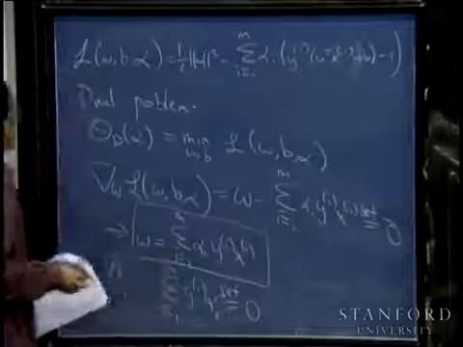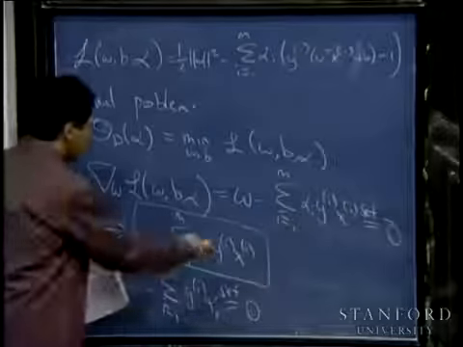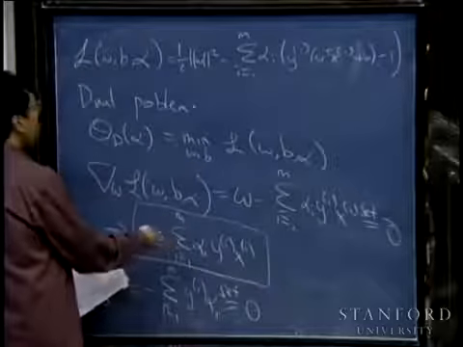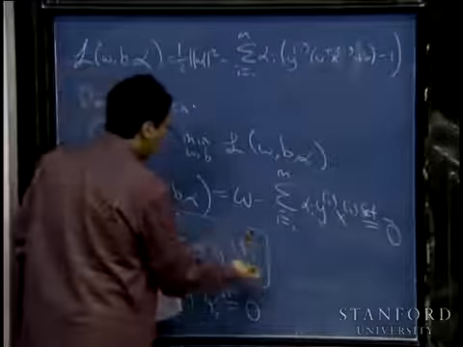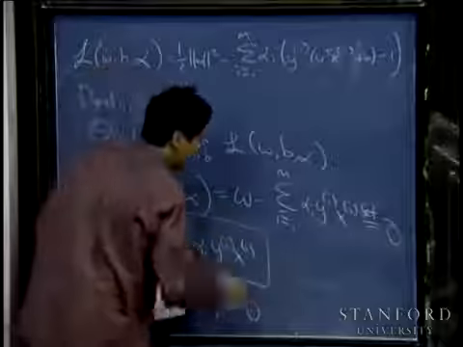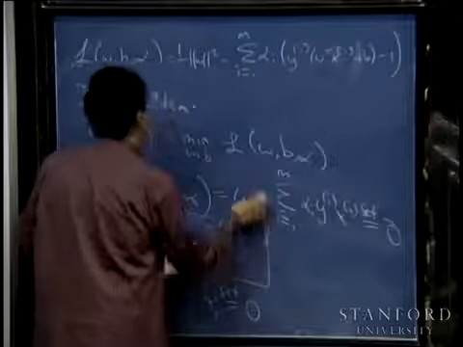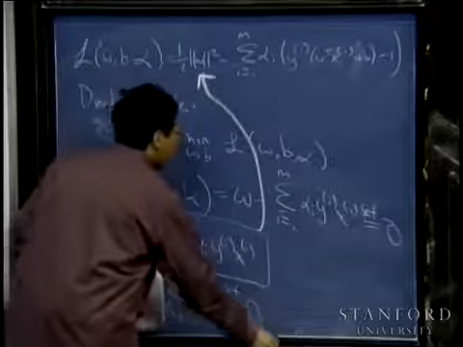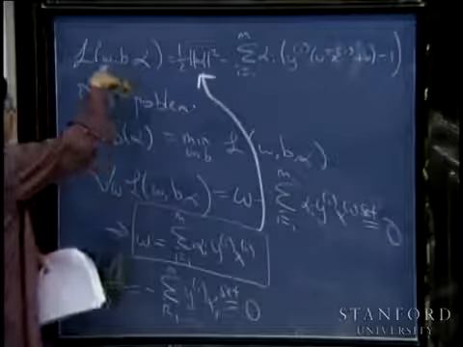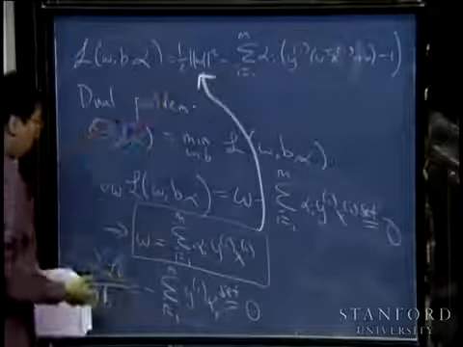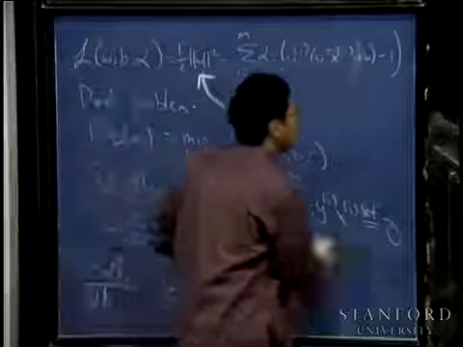So what I'm going to do is I'm going to take these two constraints and I'm going to take what I've worked out to be the value for W, and I'll plug it back in there, right, to figure out what the Lagrangian really is when I minimize this with respect to W. And I'll deal with B in a second.